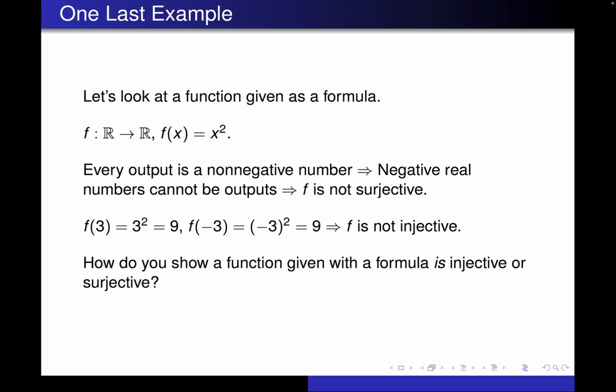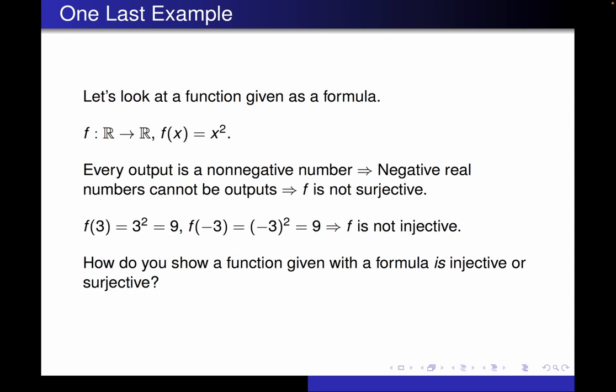So that gives you an idea of how to show a function is not surjective or is not injective. It's a little bit different to show that a function is injective or surjective when it has a formula. We've seen, looking at an array, it's easy to tell.